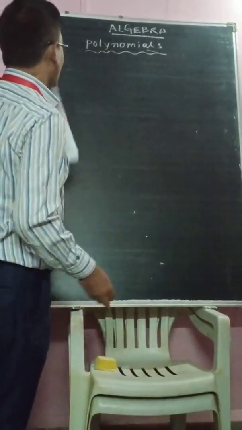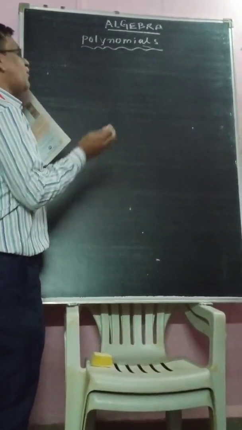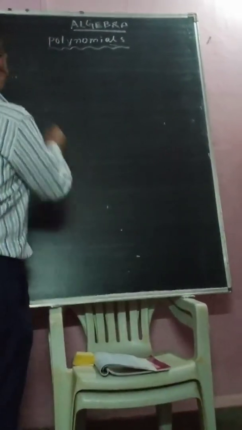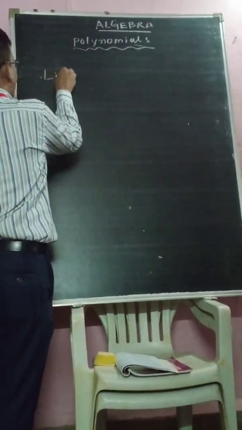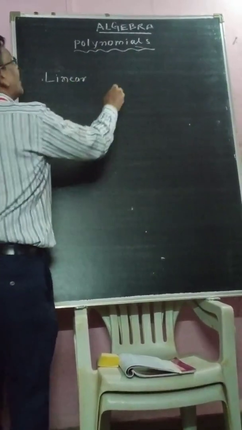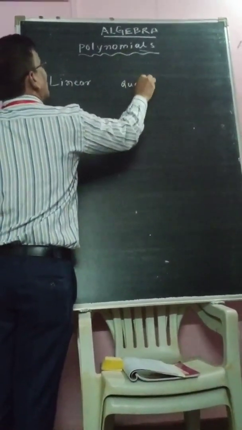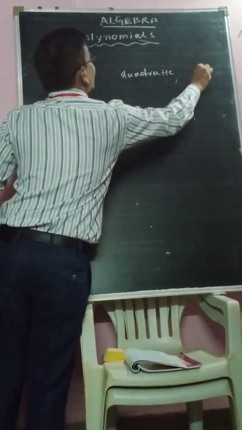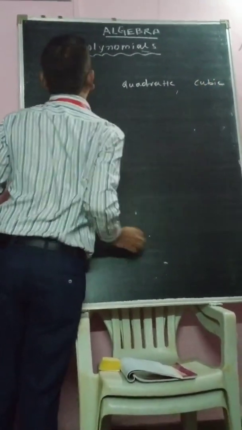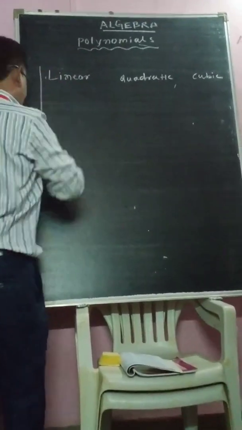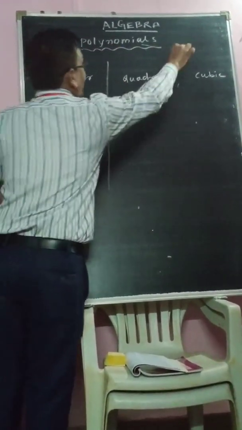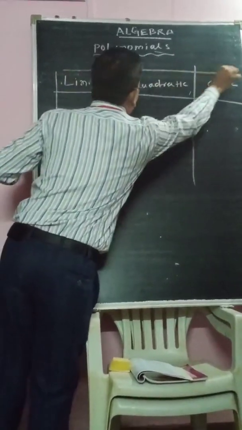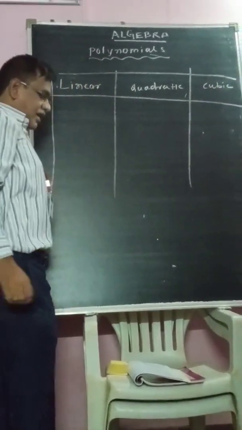So here you have to classify the given polynomials into 3 different types. First you have to write down linear, then quadratic polynomial, and third one is cubic. Means you have to differentiate the given polynomials into 3 types: which polynomials are linear, which are quadratic and which are cubic.